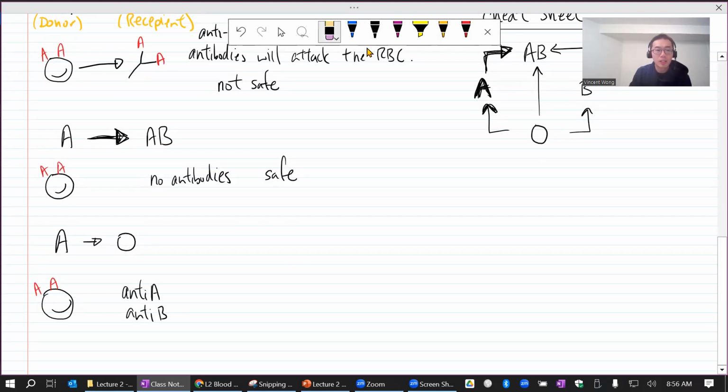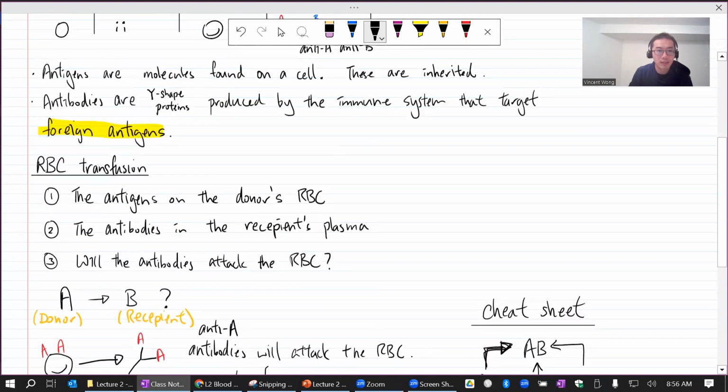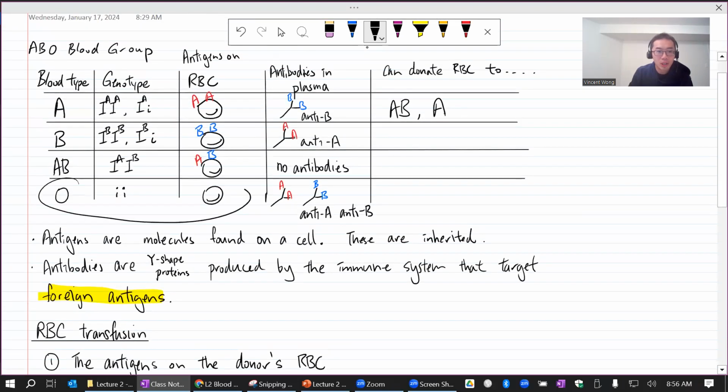If you are type O, look here, you have nothing on your cells. And because you have nothing on your cells, that means you have never seen A and you've never seen B before. That's why you have both anti-A and anti-B. I didn't see who made that comment, but does it make sense now? Yes. Okay, thank you.